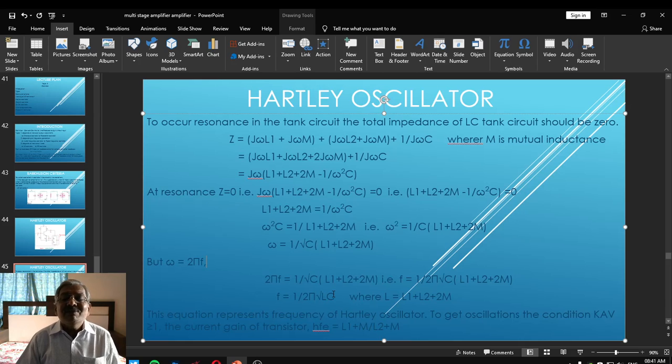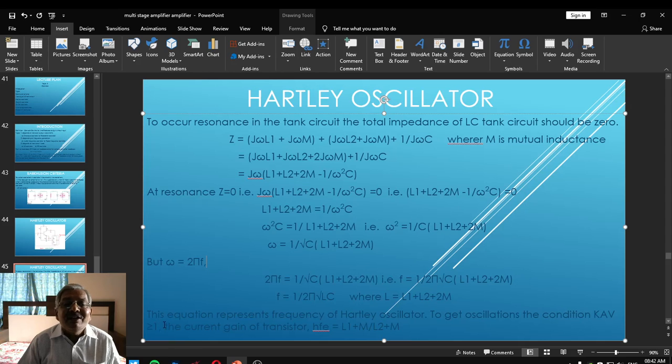Now, one of the conditions of the Barkhausen criteria is already satisfied: the phase shift produced by the amplifier is 180 degrees, and the phase shift produced by the tank circuit is 180 degrees, so that the net phase shift between input and output of the oscillator is either 0 degree or 360 degrees, satisfying the condition of positive feedback. Now, to get the oscillations and to satisfy the second condition, the loop gain KAV should become equal to or greater than 1.